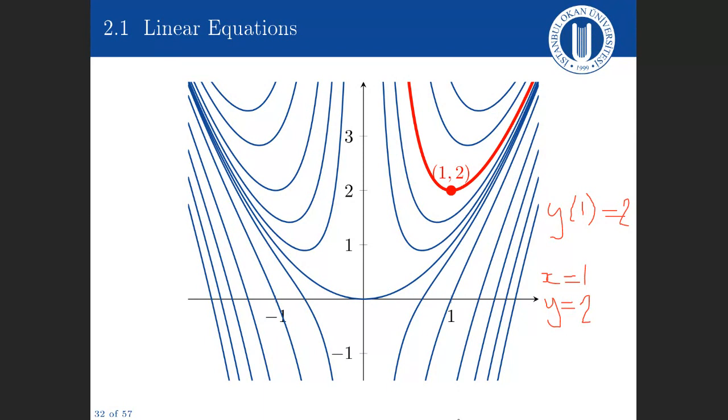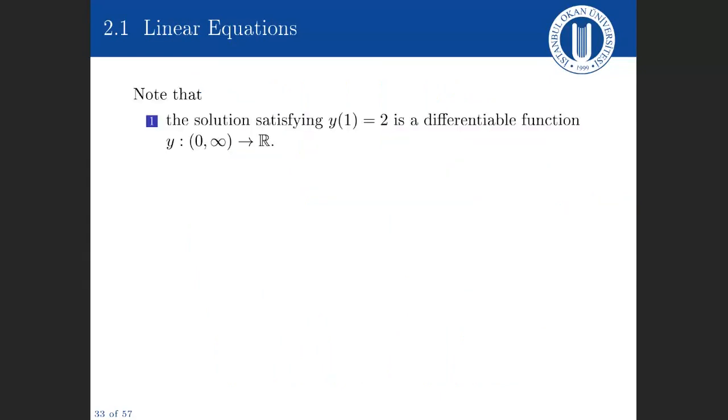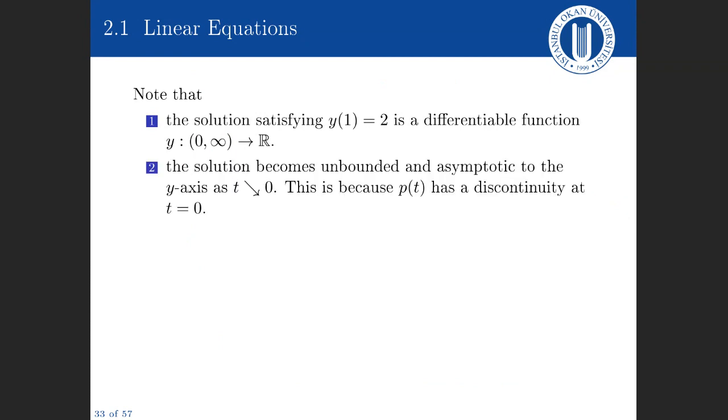I want to make some remarks about this. The solution satisfying the initial condition is a differentiable function defined on the open interval from 0 to infinity. The solution becomes unbounded and asymptotic to the y-axis as t decreases to 0.